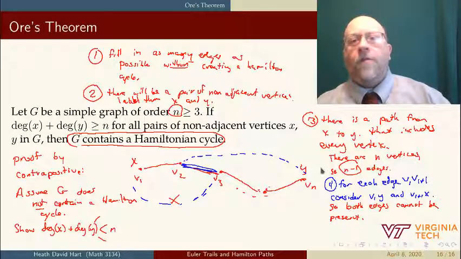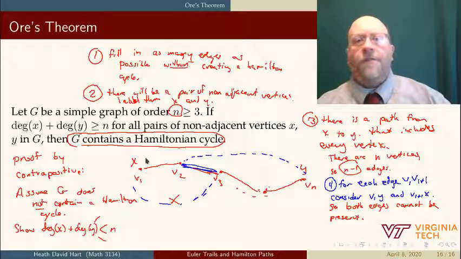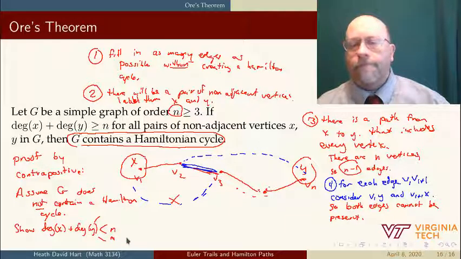And out of those n-1 times 2 edges, one out of every pair could not exist. And so only n-1 edges can exist that connect to either x or y. And so the degree of x plus the degree of y is at most n-1, which is less than n. Okay? The next couple of slides type up this idea.